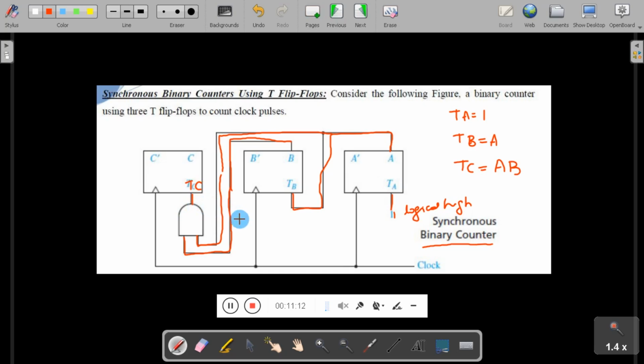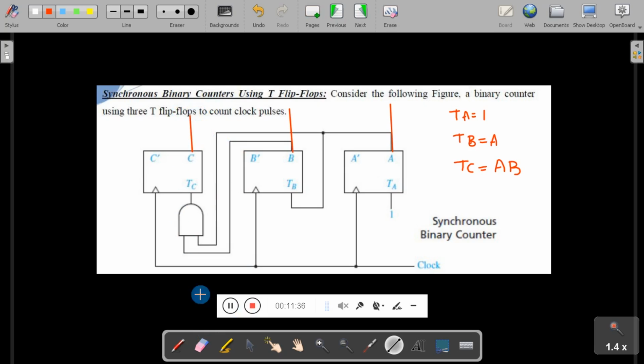Now you have to write the output here. So let me write the output here. This is TA and this is B, and this is C. So this is our output, that is C, B and A. CBA.